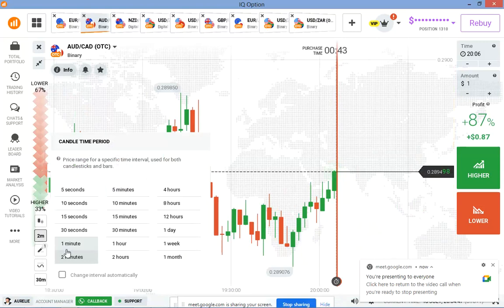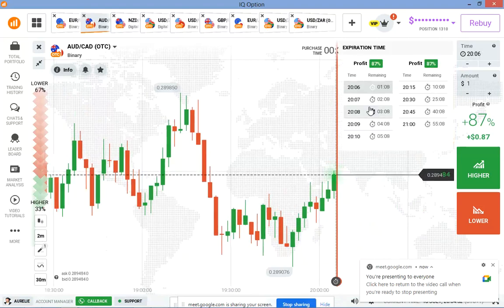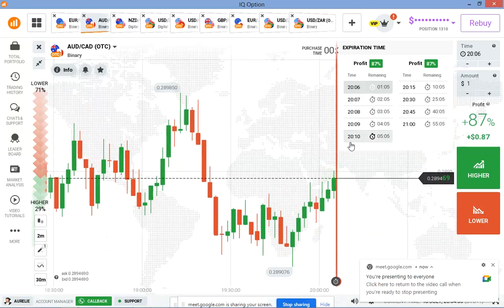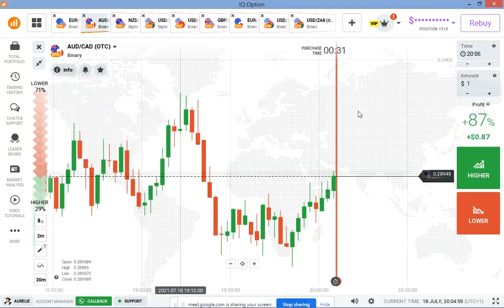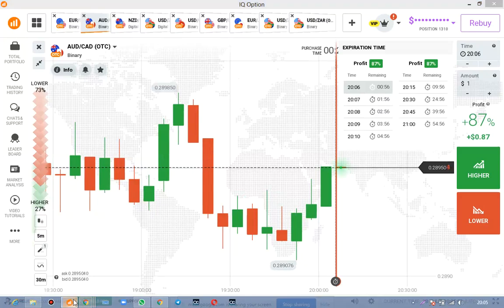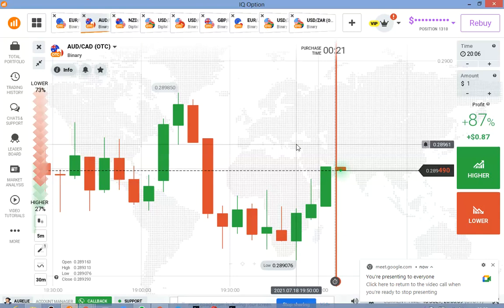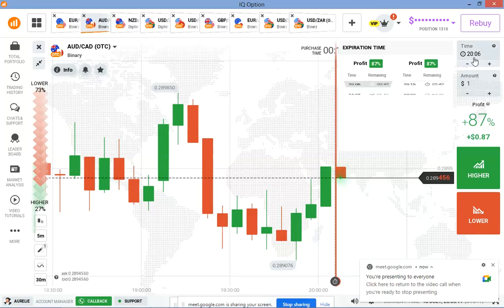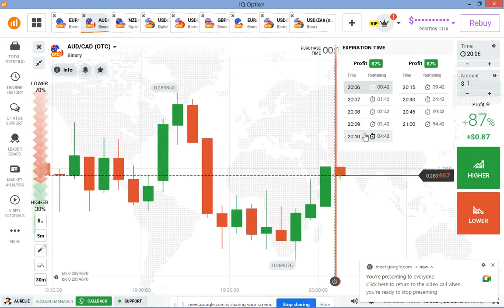But if you are trading with 1 minute candle time period, either you use the odd or even number, like 6, 7, 8, 9, 10, any number you like. But if you are trading 5 minute expiry time, you are using numbers like starting from 0, 5, 10, 15.